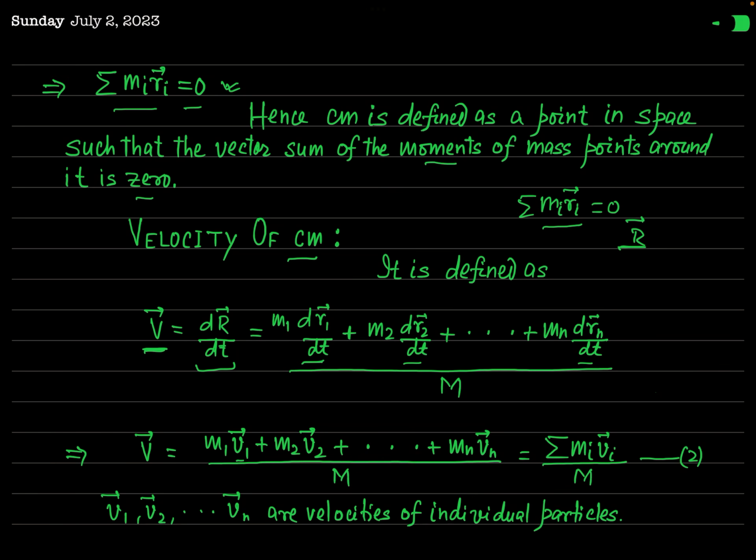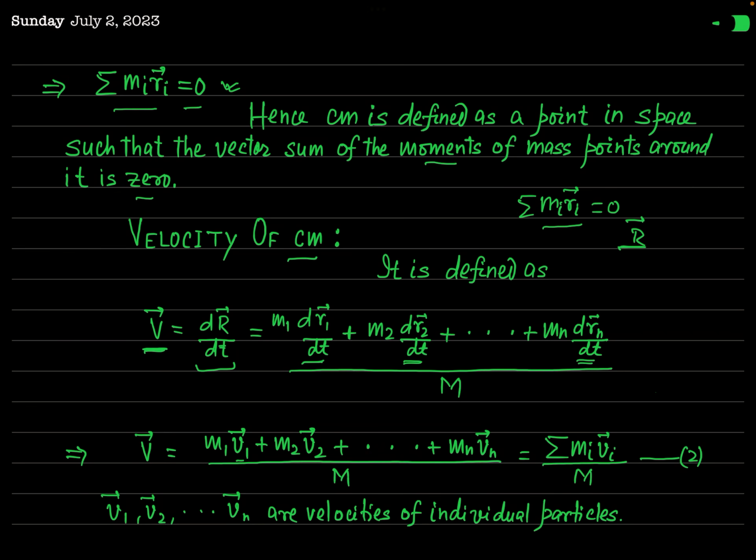Similarly, dr2/dt is the velocity of the second particle, denoted by the symbol v2, so the second term will be m2 v2. And drn/dt is the velocity of the nth particle, denoted by the symbol vn, so the last term will be mn vn.